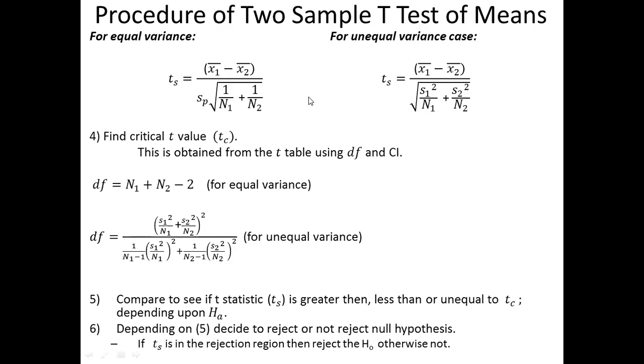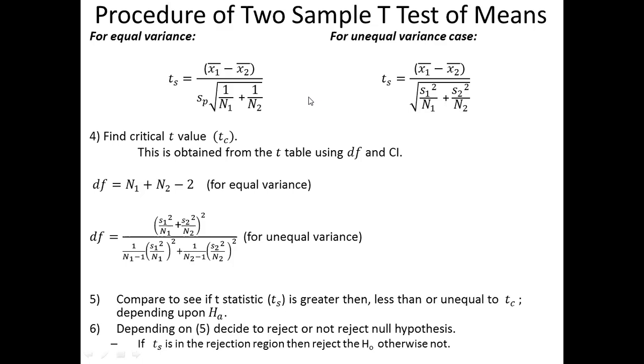Next, the fourth step is finding the critical t-value, which is taken from the table by using the degrees of freedom and CI, which is the confidence interval. But again, note that for the equal variance case, the df is N1 plus N2 minus 2, that is, the sum of the sample sizes from the two samples minus 2.